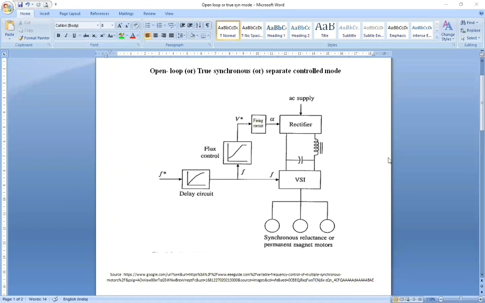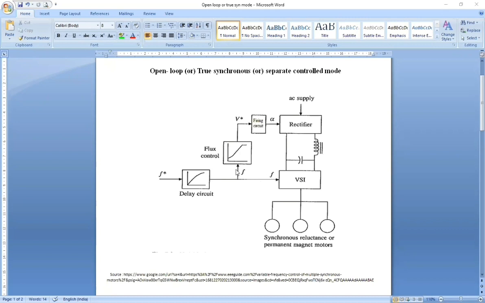This block diagram shows the open loop or separate control mode of operation of synchronous motor. Here, the voltage source inverter is a 6-step inverter. The required frequency command is obtained from a delay circuit to which the set frequency is given.